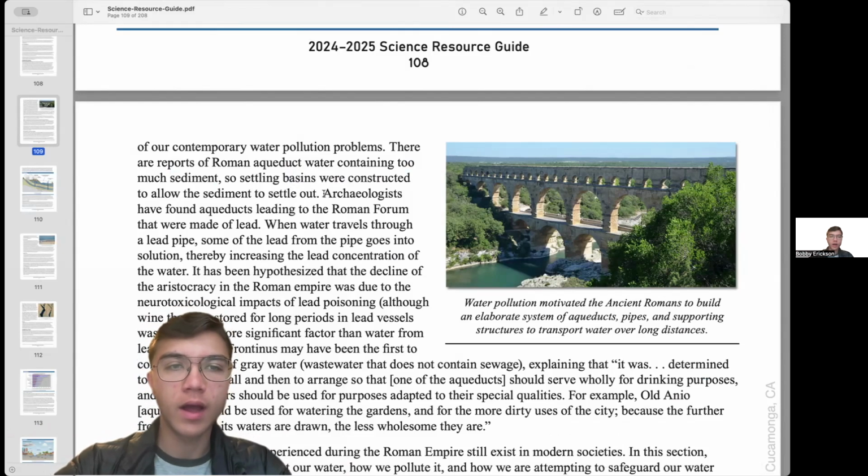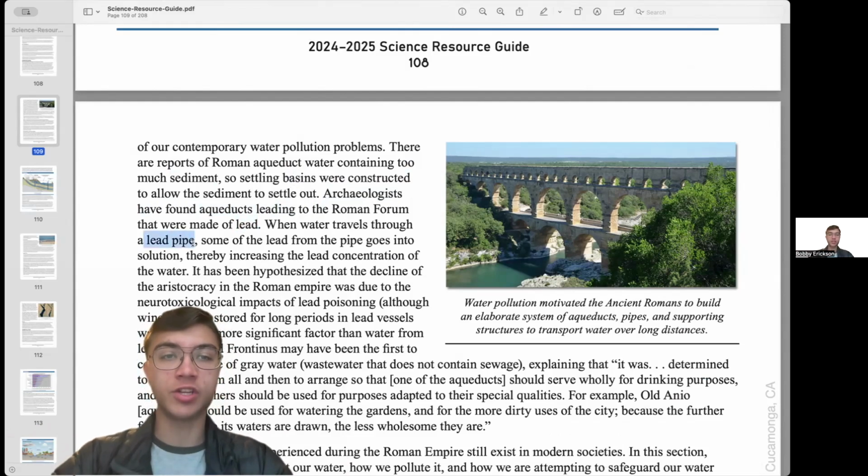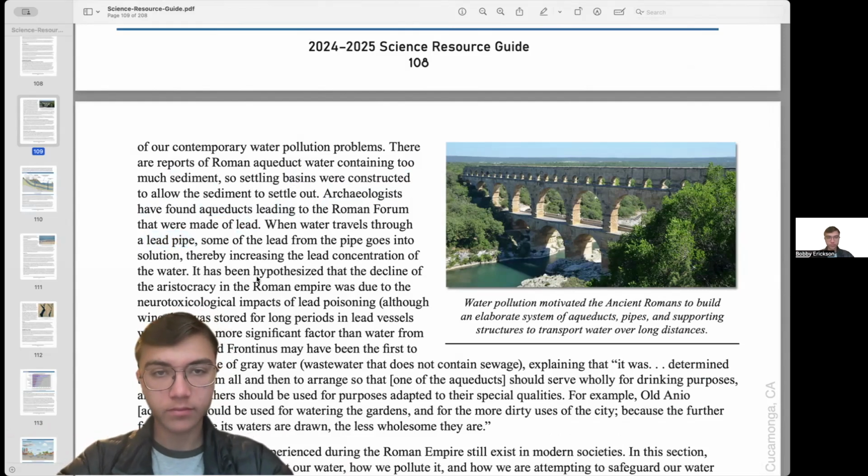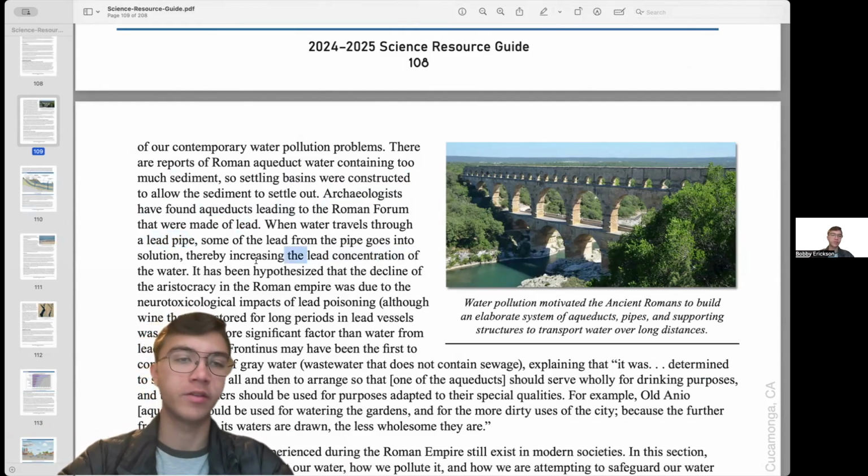Not only this, but archaeologists also found aqueducts that were made of lead. When water goes through a lead pipe, the lead leaches into the water, so there's a high lead concentration in the water, at least compared to regular water.